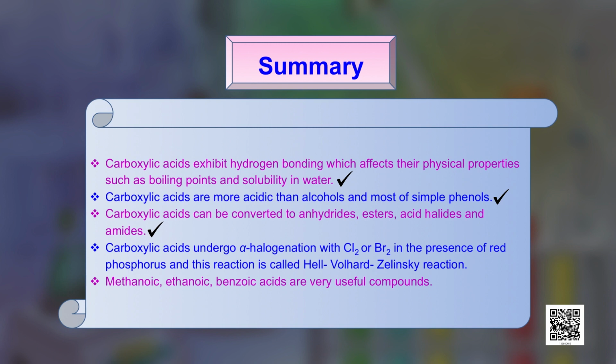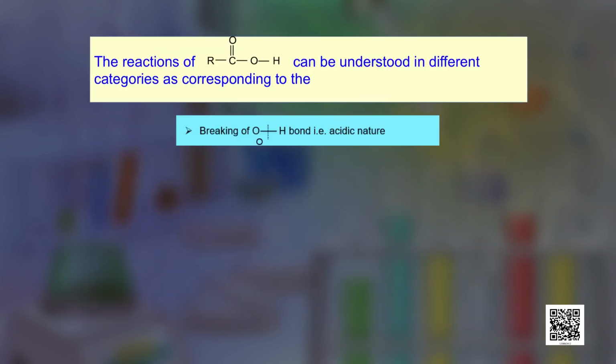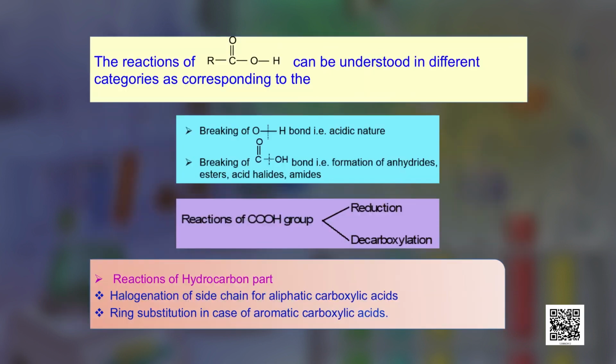Carboxylic acids can be converted to their anhydrides, esters, carboxylic acid halides and amides. Carboxylic acids also undergo alpha halogenation with chlorine or bromine in the presence of red phosphorus, and this reaction is called Hell-Volhard-Zelinsky reaction.